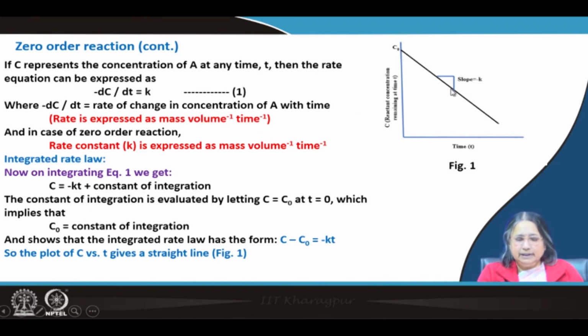The point where it cuts the y axis will be C_0, the concentration at time t equals 0, as we have already said. So, the zero order curve will look like this if we plot C versus t.